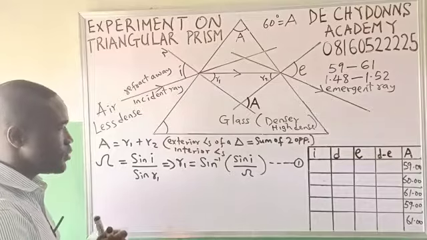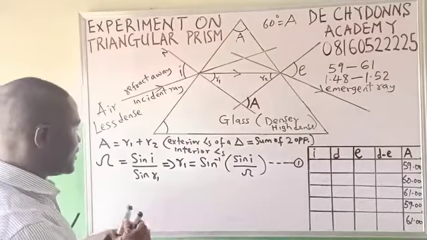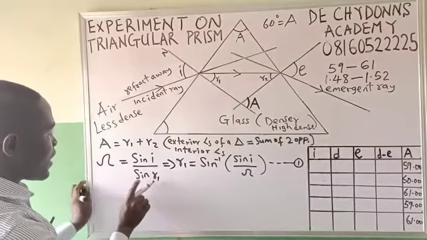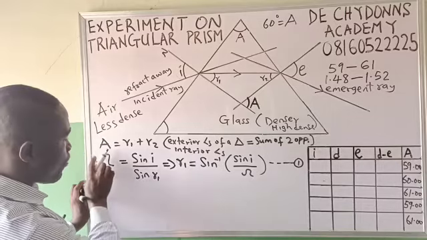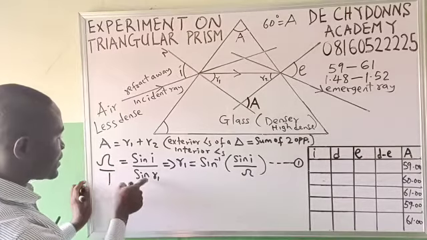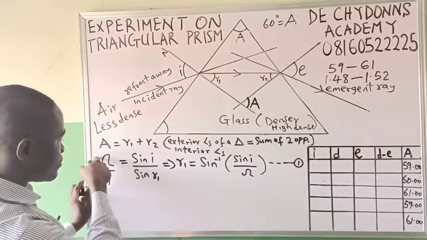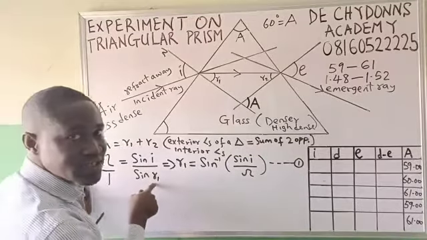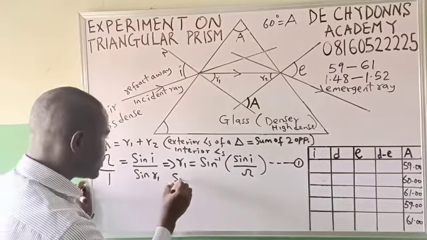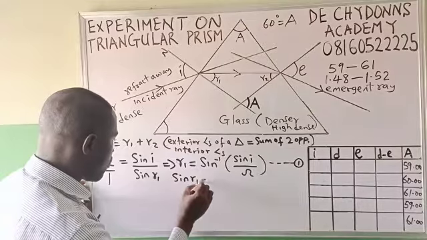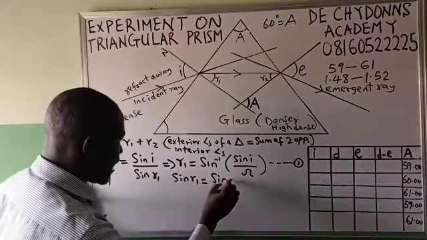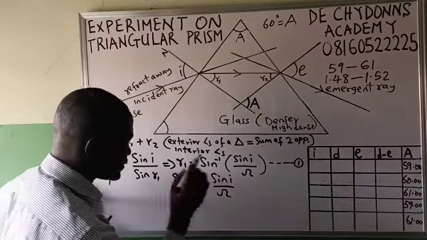Then, how did we arrive at this? Look at it. Carry sine R1 up. That is cross multiply. Carry sine R1 up and take the refractive index down. You'll have sine R1 equals sine I over this.